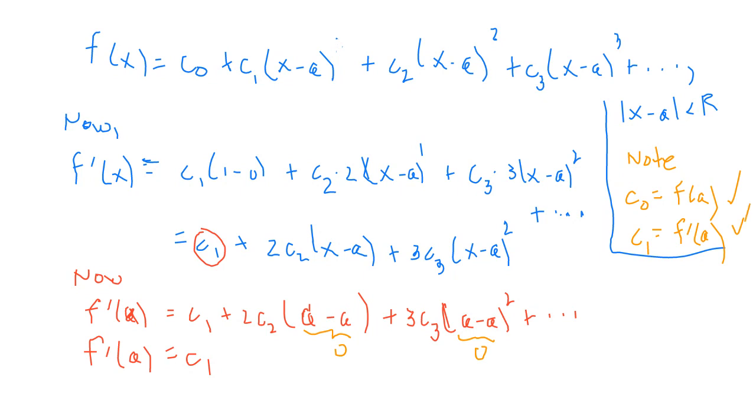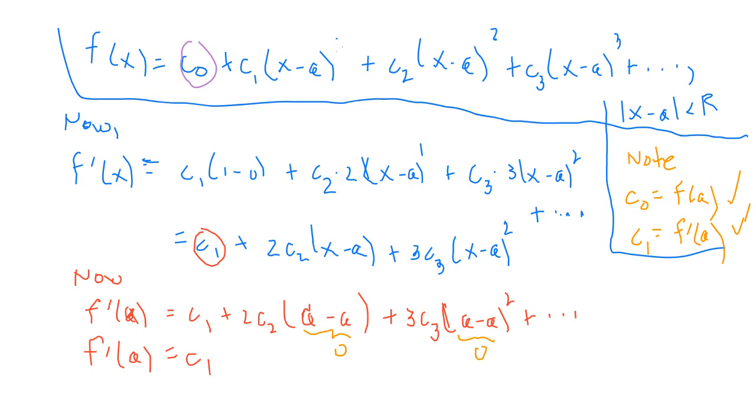Now let's see here. In our power series, we have identified what c sub 0 is, and we've identified the first coefficient, c1. We know how to get those based on these formulas.